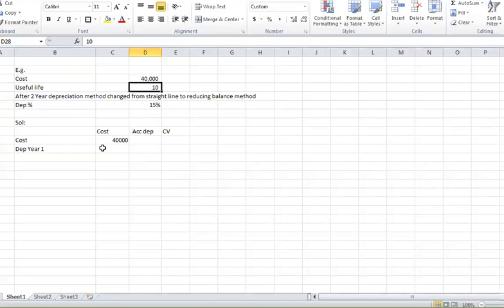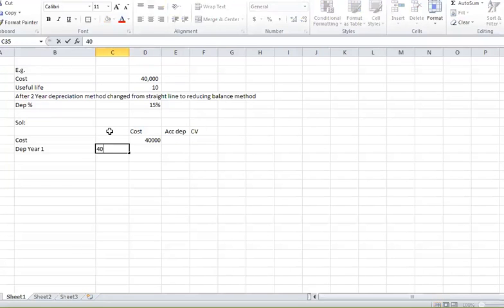So when we charge depreciation for the year number 1, we will calculate depreciation as 40,000, bracket start, 40,000 minus scrap value, which is 0, divided by useful life, which is 10 years.